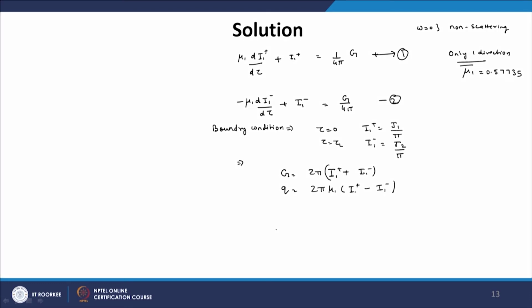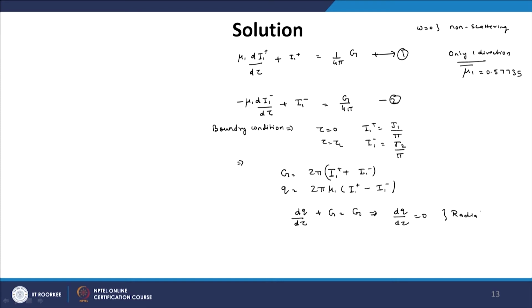Once we do that, our equation is transformed as dq by d tau plus G is equal to G, or simply dq by d tau is equal to 0. That is radiative equilibrium.